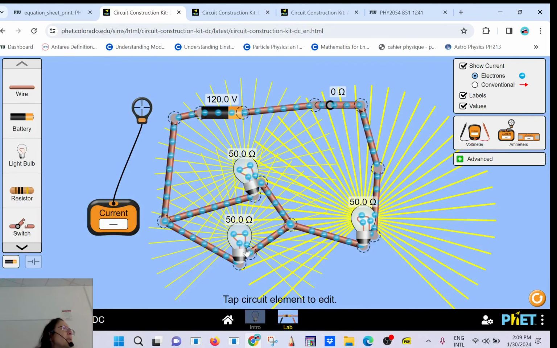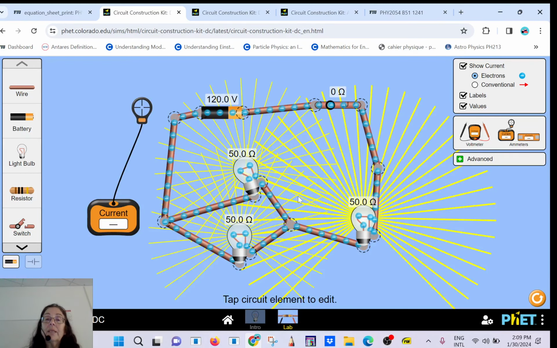Parallel means the equivalent resistance is always smaller than the smallest one. So it has to be smaller than 50. So it's going to be 25 because you have two branches. Otherwise you do 50 to the minus 1 plus 50 to the minus 1, all to the minus 1. It's going to be 25.